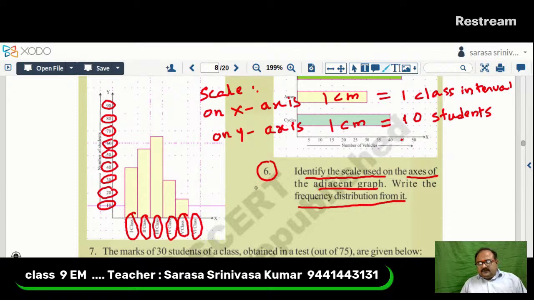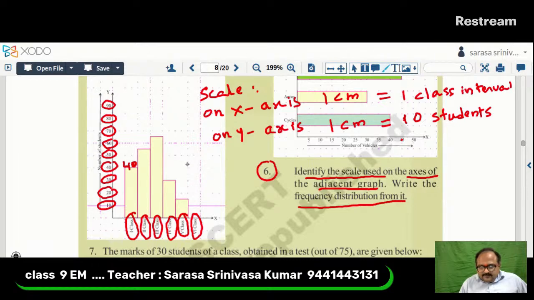So now let us prepare the table. Okay, right. Now for first class, how many students are there? Here it is 40. First class is 40.